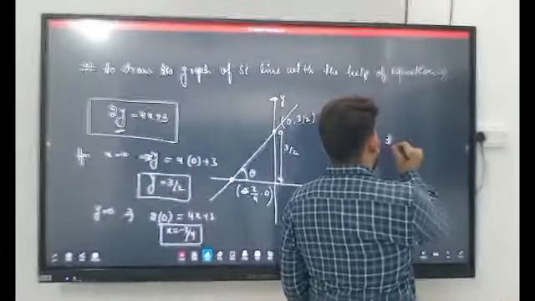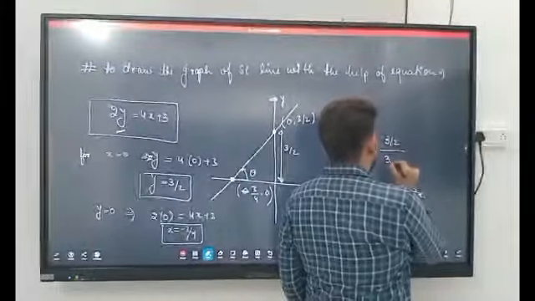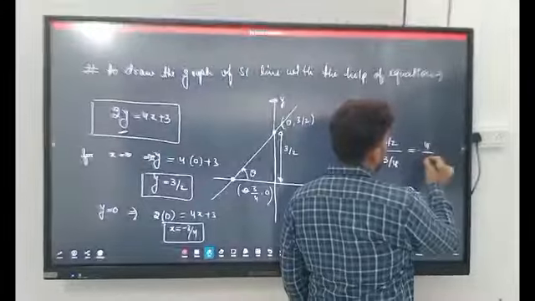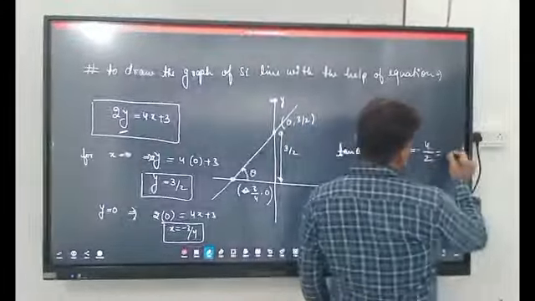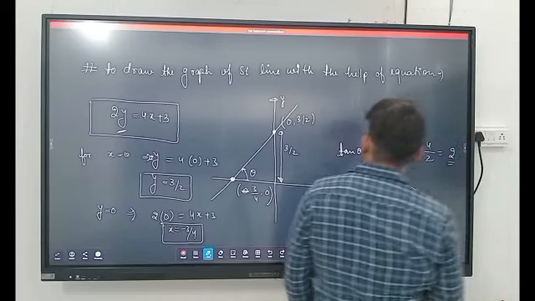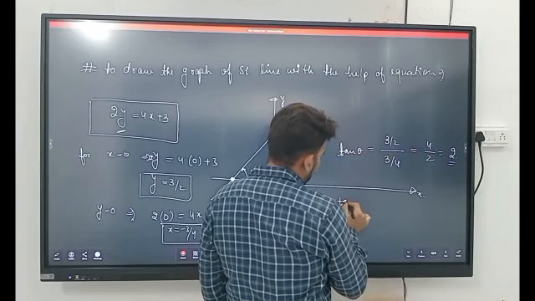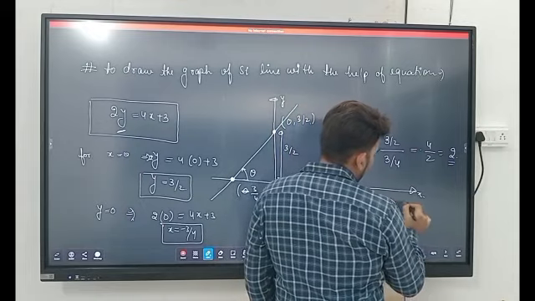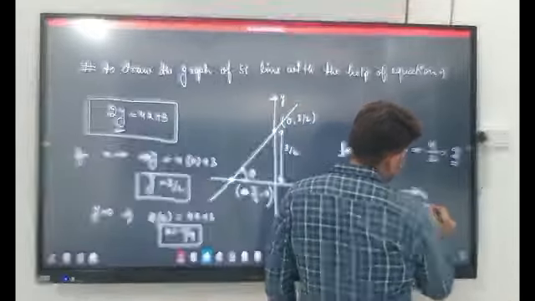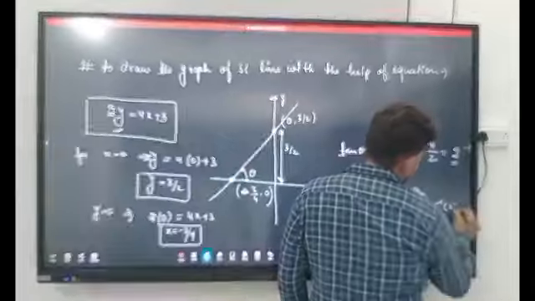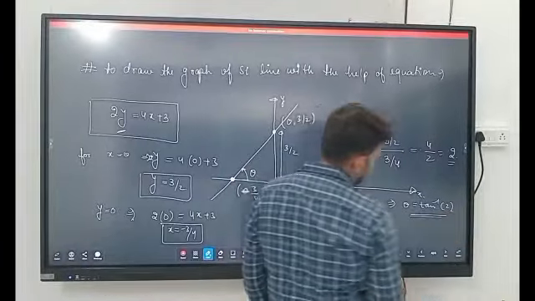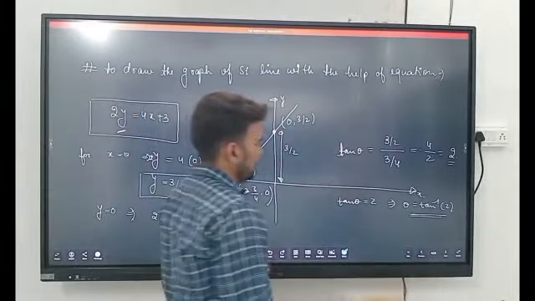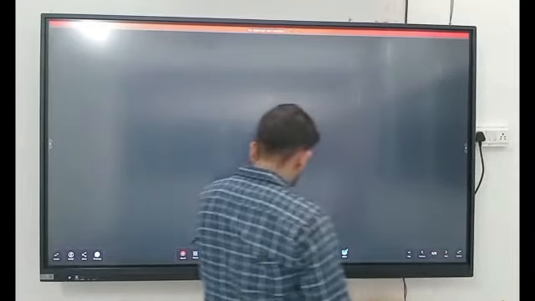So 3 by 2 divided by 3 by 4 is the slope of the line, which gives 4 by 2, that is 2. So the slope of the given line is tan theta equals 2, or theta equals tan inverse 2. We can also write m equals tan theta, which is m equals 2, right? Now we will discuss further.